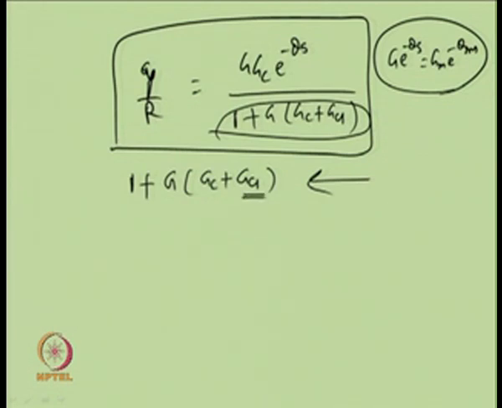This G c 1 helps in placing the poles of the process at convenient locations, as we had seen in the series feedback compensation scheme.